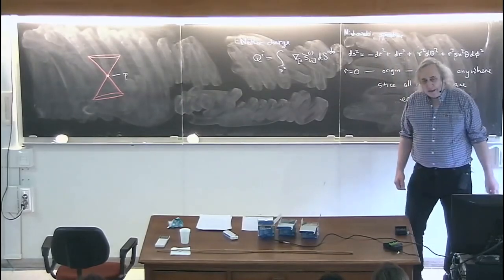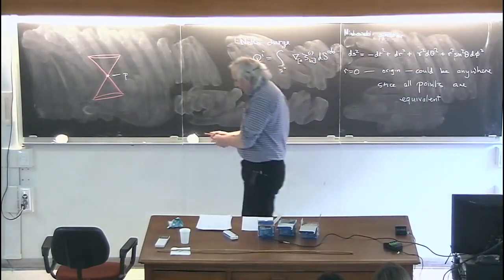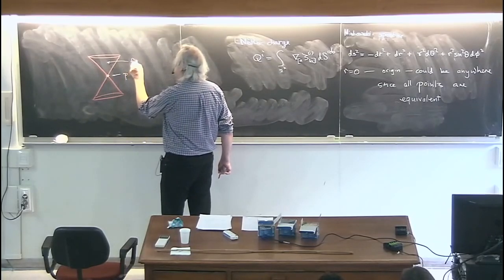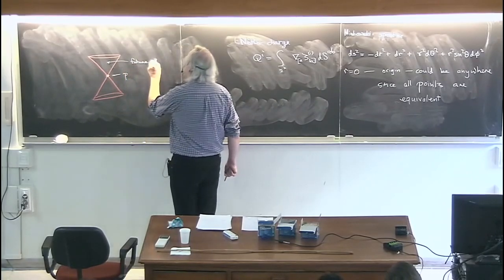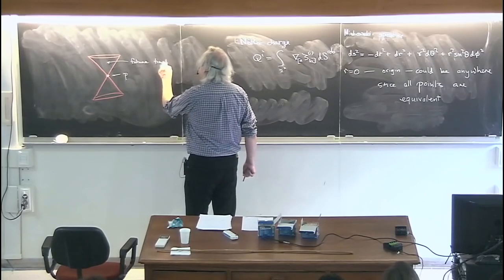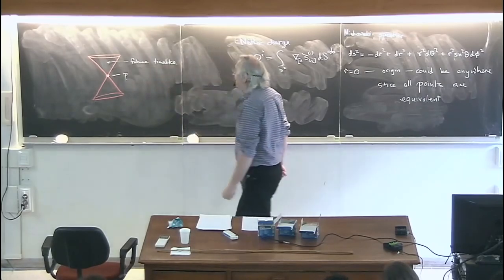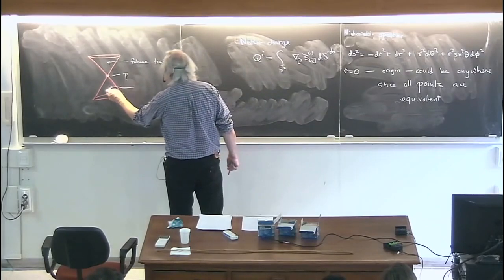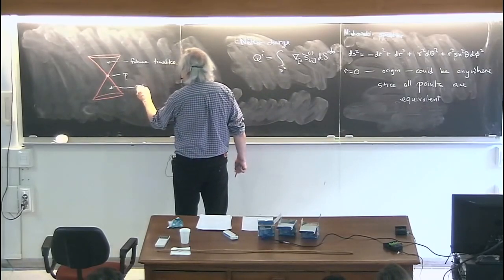If you start off at P, you could be inside the light cone to the future, where you could arrive in a time-like direction. Or you could be here, past time-like direction.